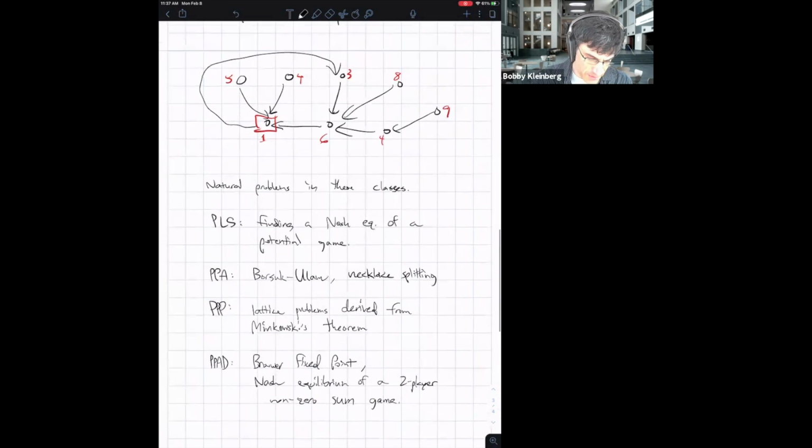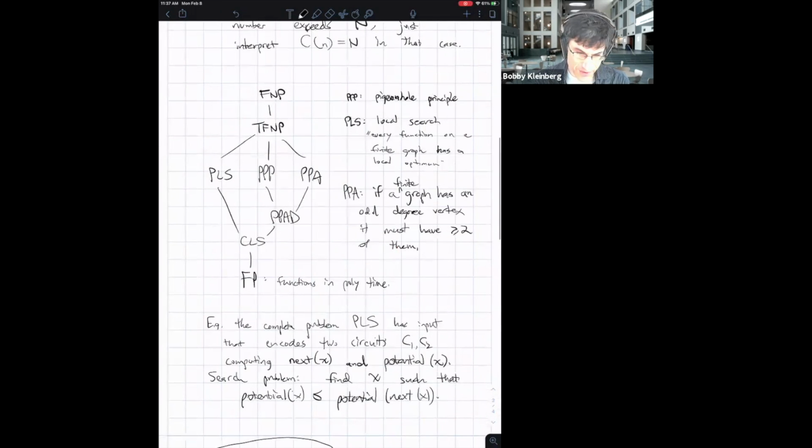I should tell you, by the way, an important part of the story, and the reason that people focus so much on these restricted subclasses of TFNP, rather than the big kahuna TFNP itself, is that TFNP is believed not to have complete problems.